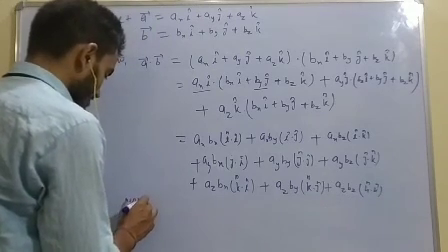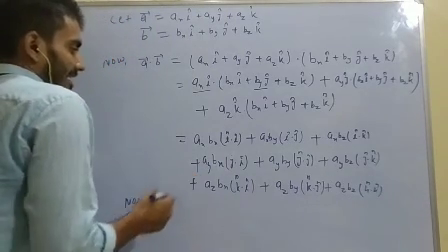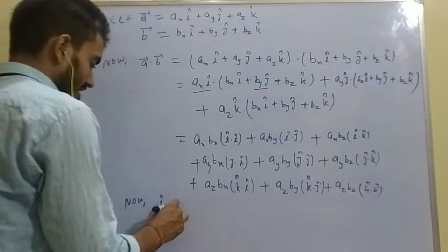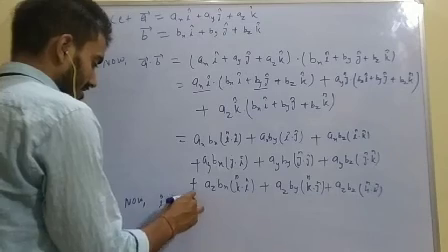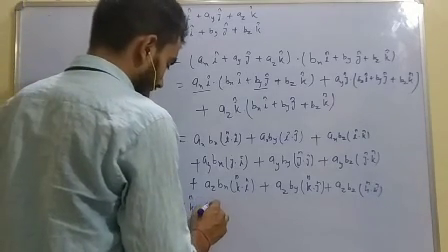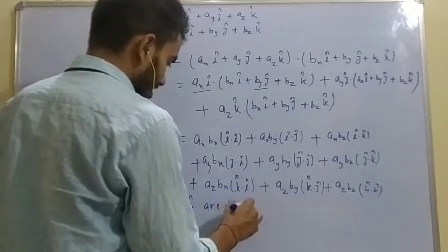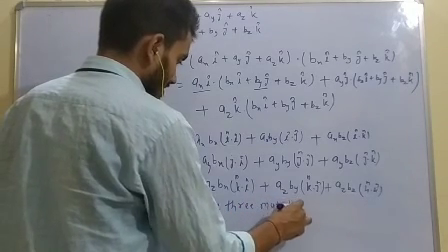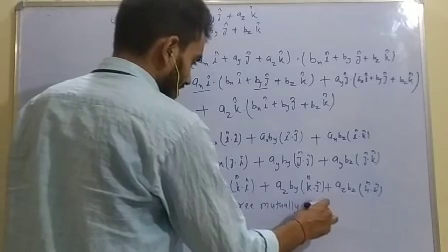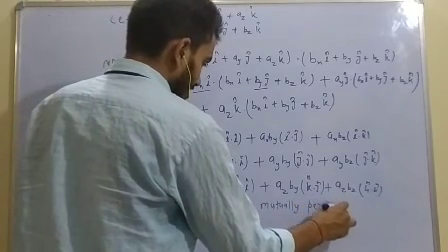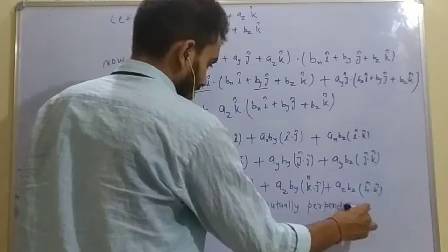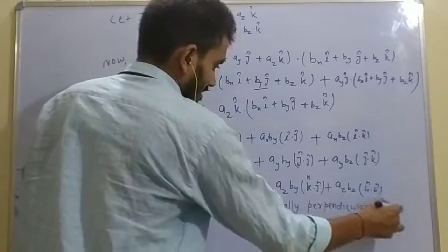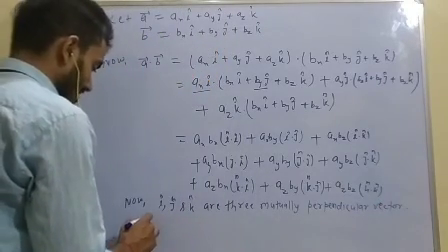Now vector i, vector j and vector k cap are three mutually perpendicular vectors.